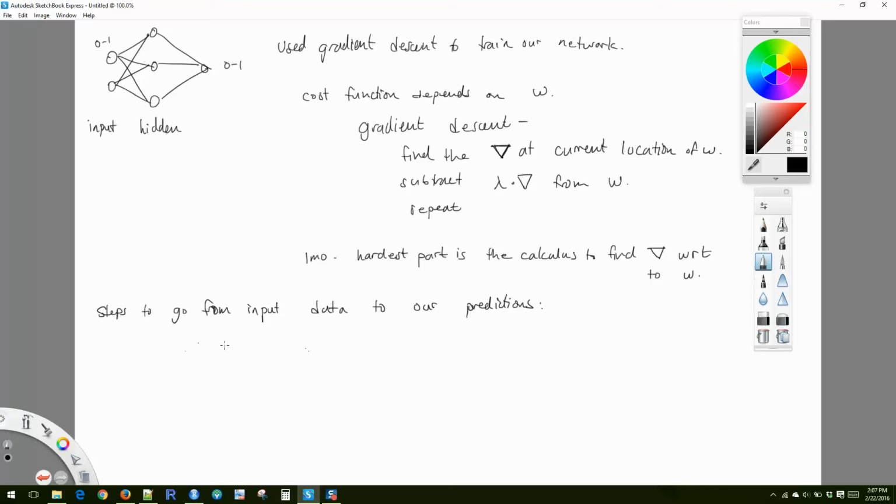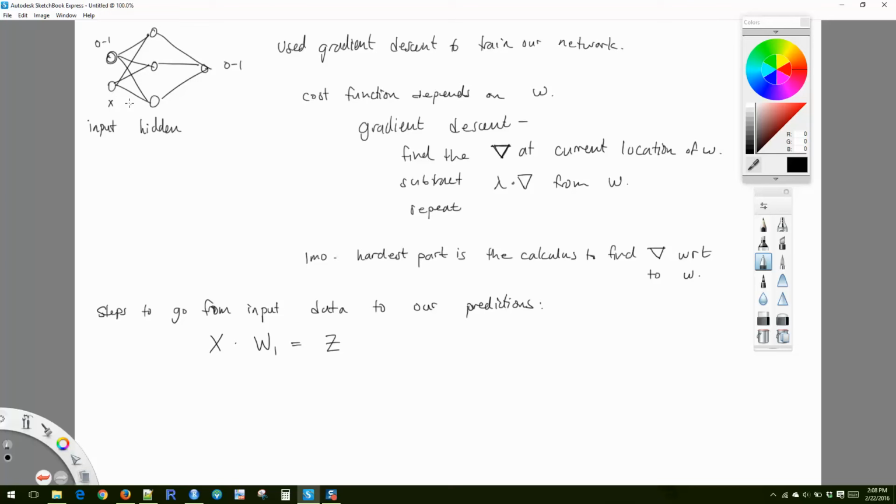First we take our input data X, and then we multiply it by our first weight matrix, and this one we called Z. So here are the X's.